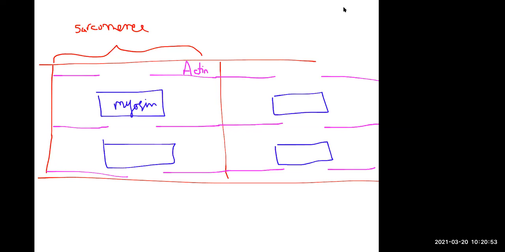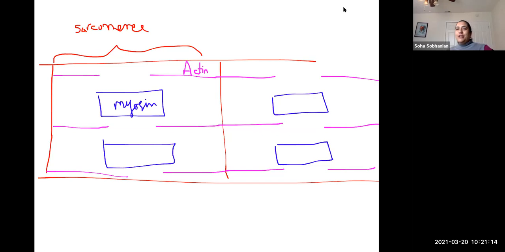So do both have to happen at the same time, or do we have the signal first and then the contraction?